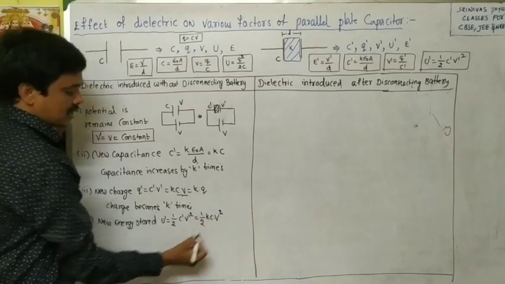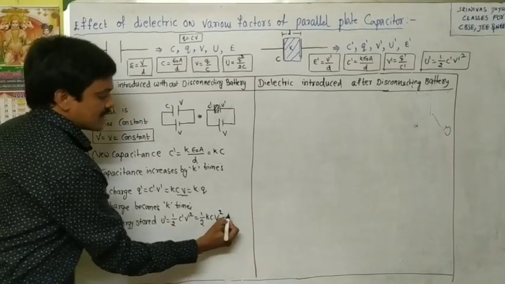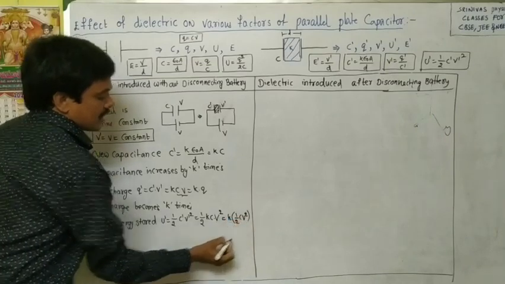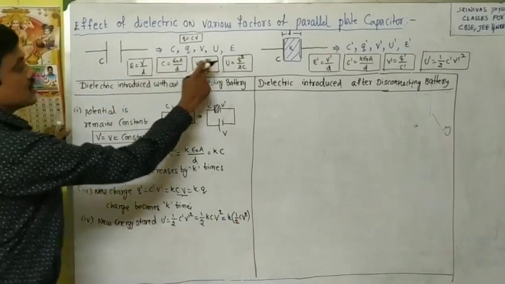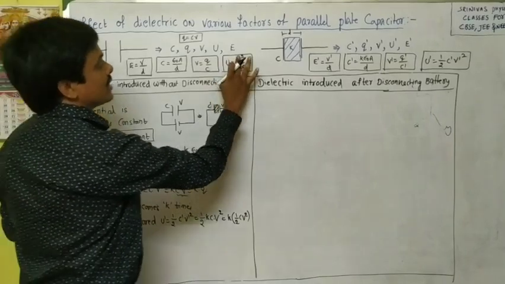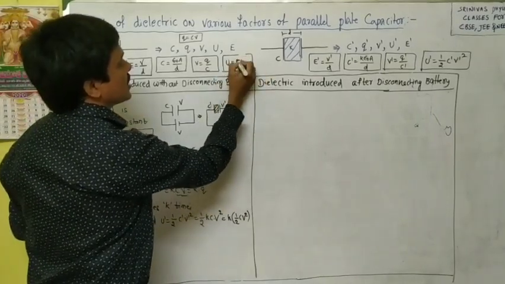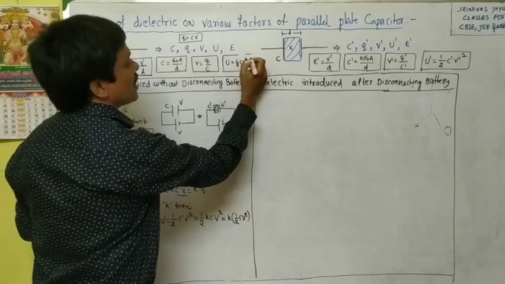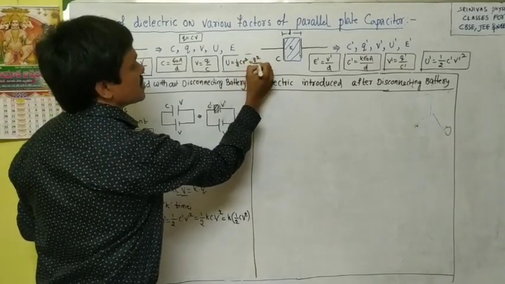So we get K into half CV square, right? Then half CV square is what? It is the starting energy stored. Either we write Q square by 2C or half CV square, no problem.